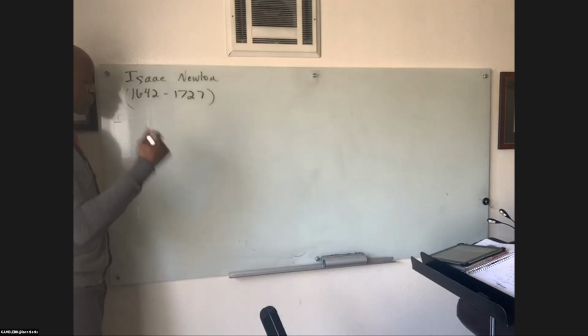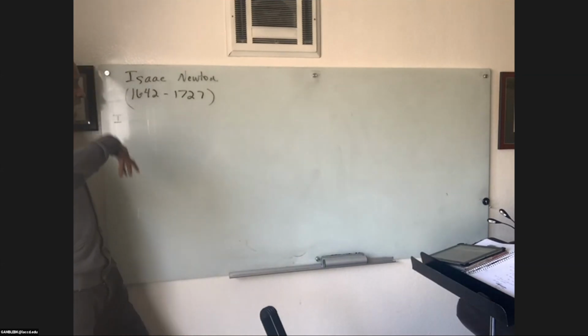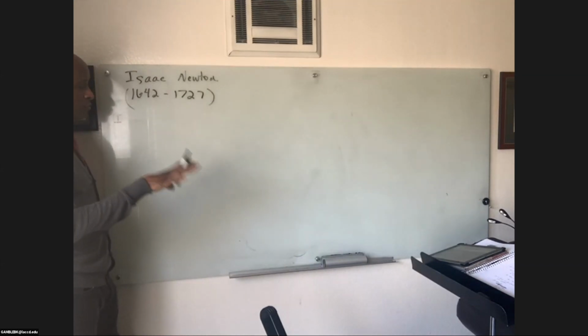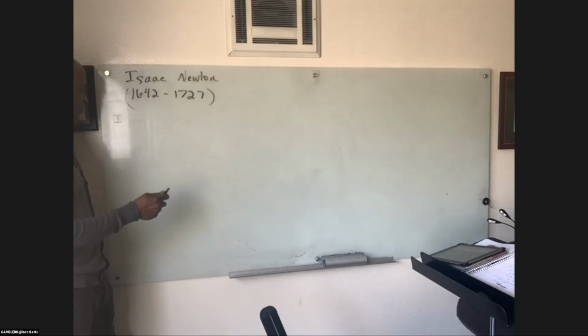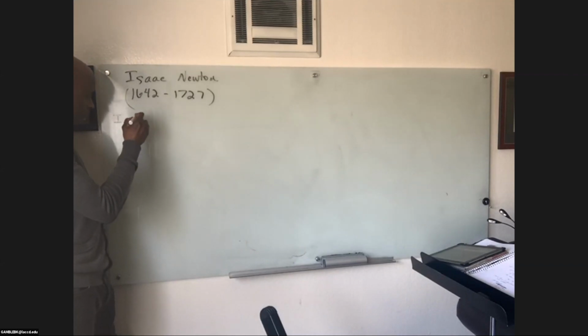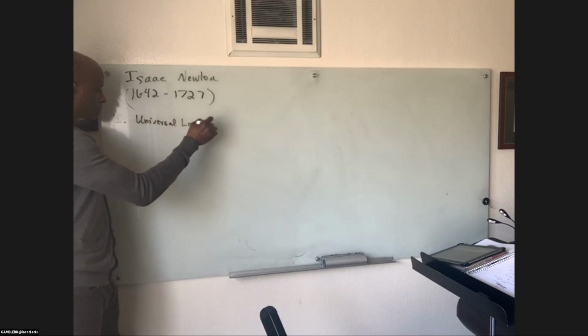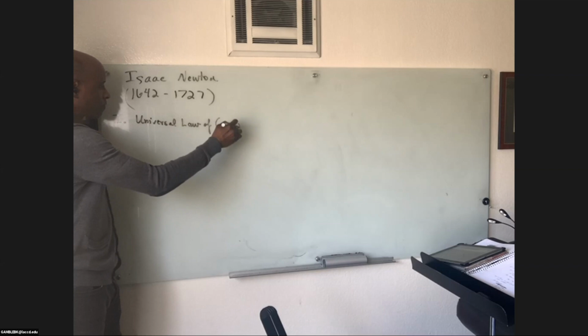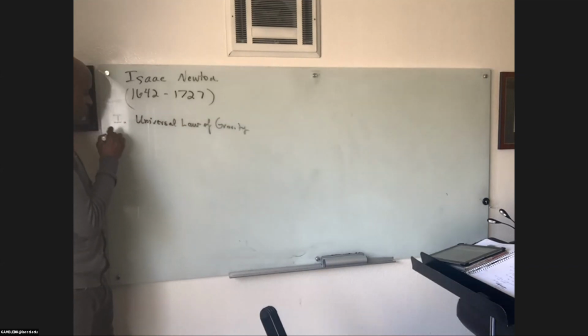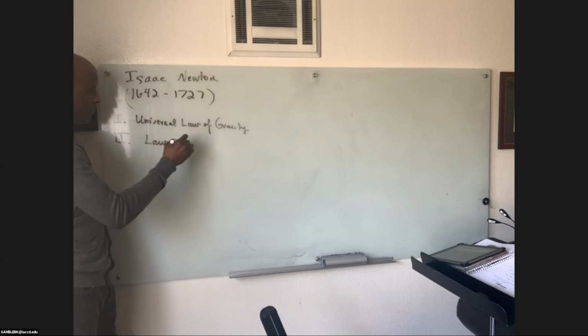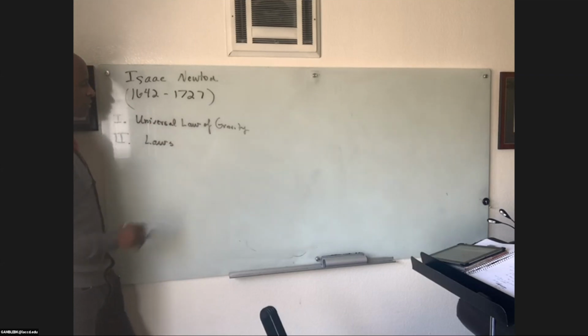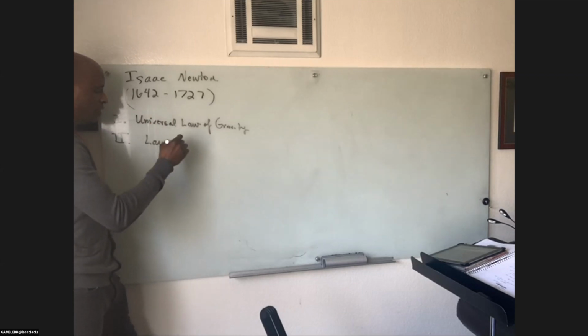Now, he does have three laws of motion, but outside of the three laws of motion, that's just one. The laws of motion is one contribution. So he gave us gravity, the universal law of gravity. He gave us the laws of motion, which are actually separate. There's a relationship between the laws of motion and gravity, but they're separate.